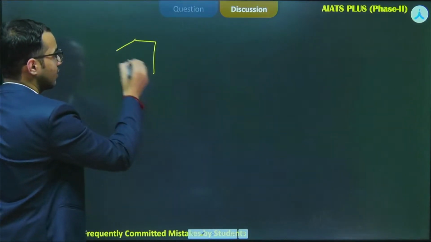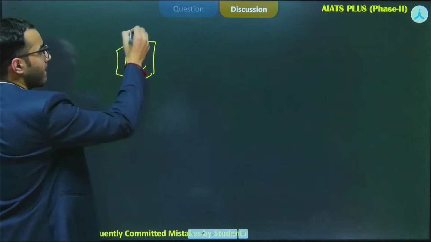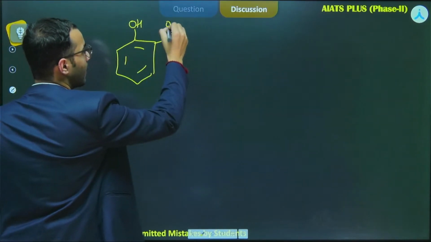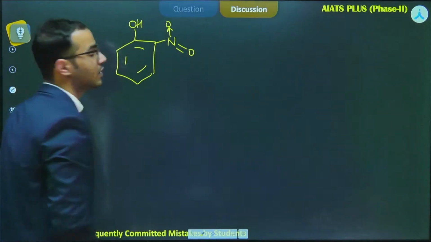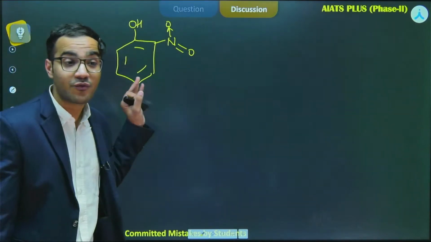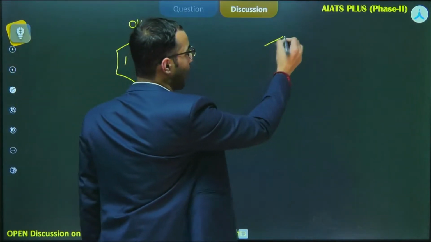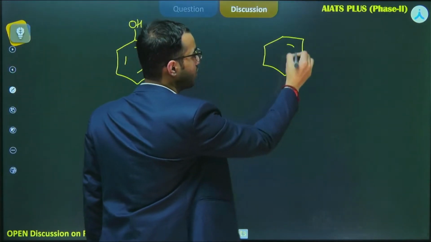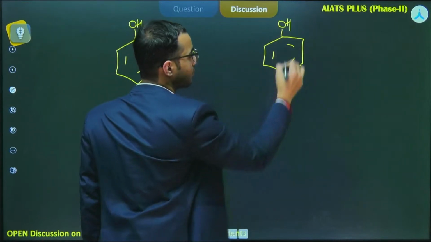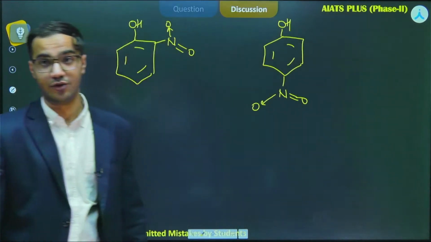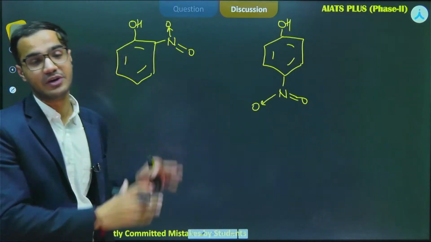You have OH and this is N double bond O. This is orthonitrophenol. And if we discuss paranitrophenol, this is paranitrophenol.